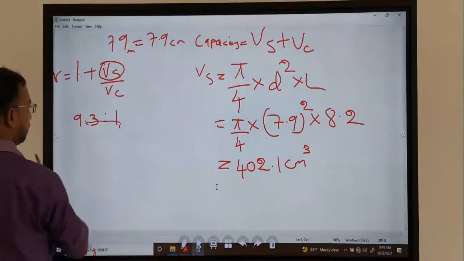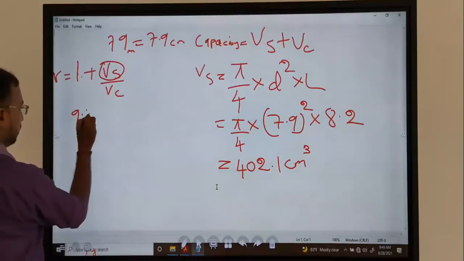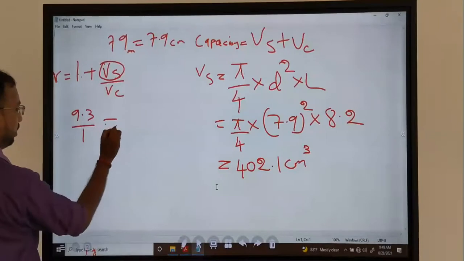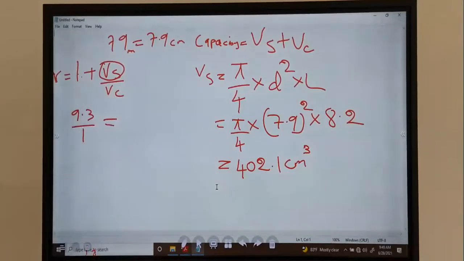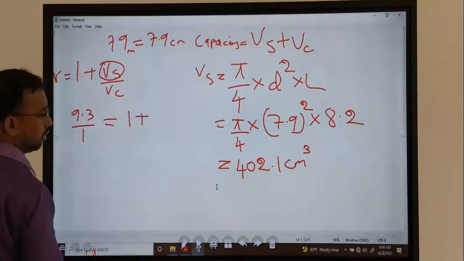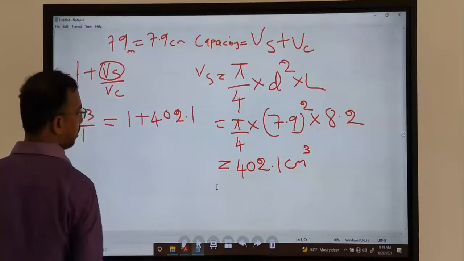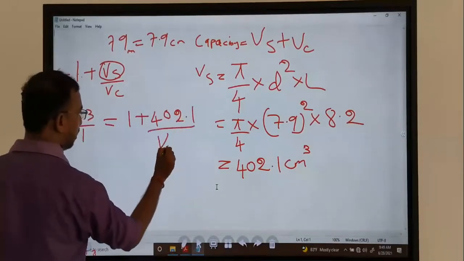So we can write like this. 1, this is the compression ratio, plus 1 plus stroke volume we know, here Vc.